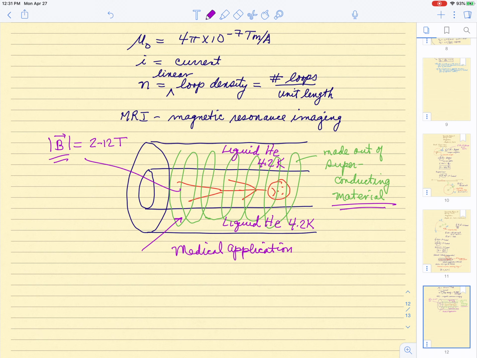All right, very good. I'm going to end chapter 29 right here. We will omit the section on current carrying loops as far as magnetic dipole discussion is concerned. So we'll omit section 29-5.